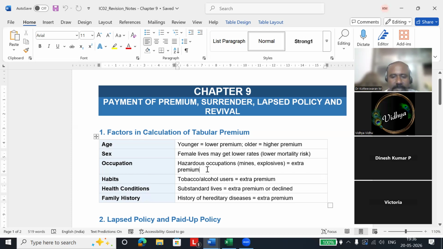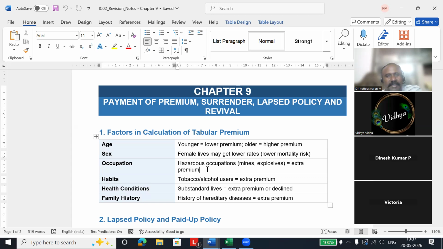Occupation, hazardous occupation. If you are working as a fighter pilot, in mines, in the explosives industry, or in a company where the risk of dying is very high, for example handling highly dangerous chemicals, those are all risky occupations.